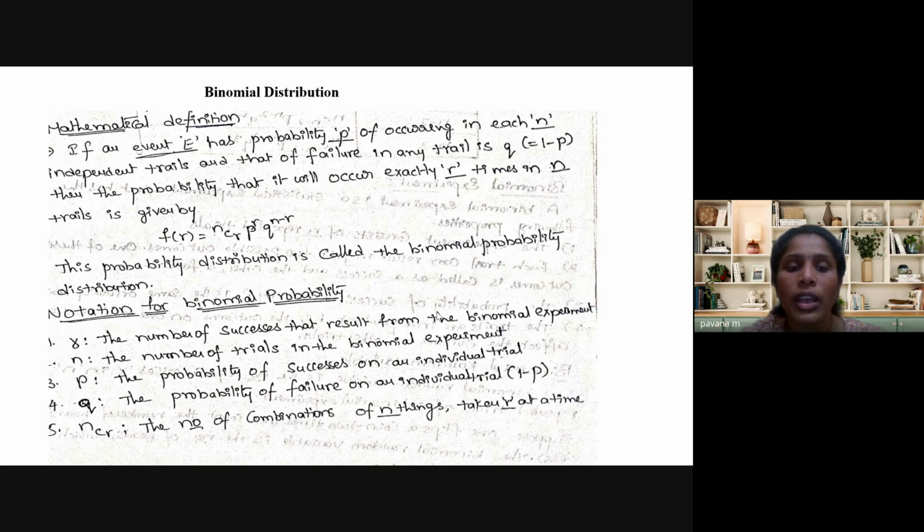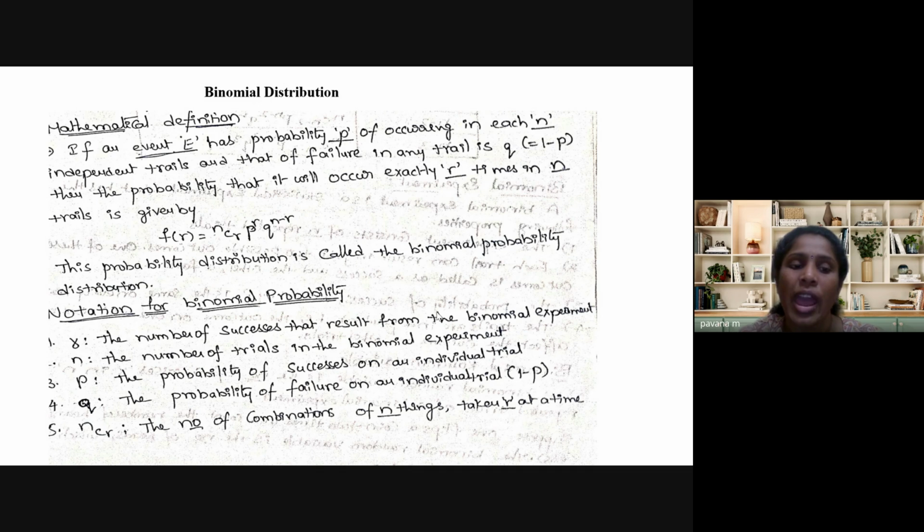Then the probability that it will occur exactly r times in n trials. Suppose you are doing n trials, what is the probability of an event in r times? If you want to measure that situation, then you have to go for binomial distribution.